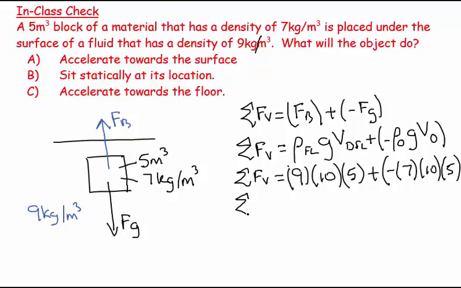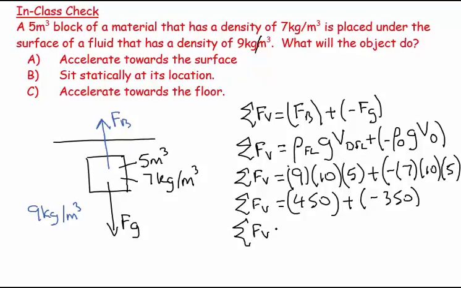So we end up with the sum of the forces vertically equal to 9 5s are 45, that's 450 pointing upwards, added to 7 5s are 35, that's 350 pointing downwards. Sum of the forces vertically equals plus 100 newtons.